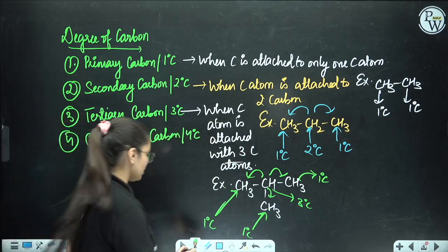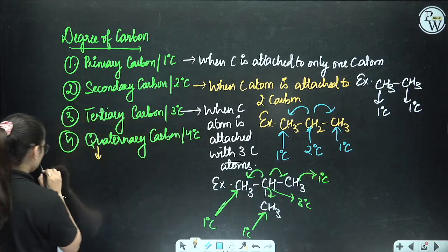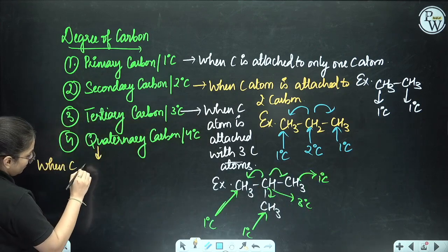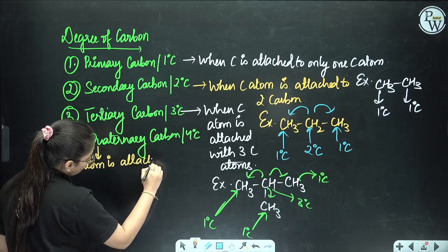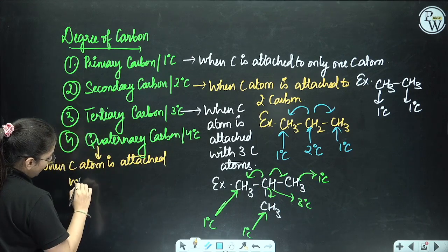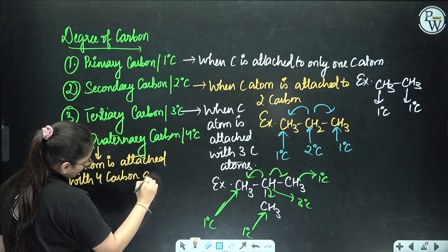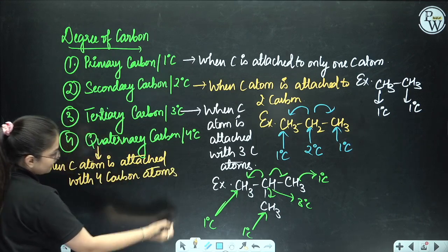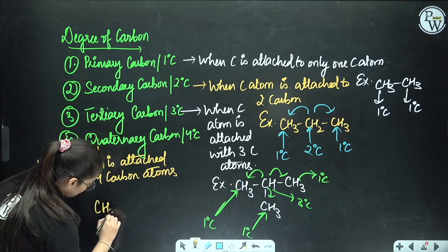Let's talk about quaternary carbon, or I would say the 4 degree carbon. When a carbon atom is attached with 4 carbon atoms, it is quaternary carbon or a 4 degree carbon. Let's take an example.